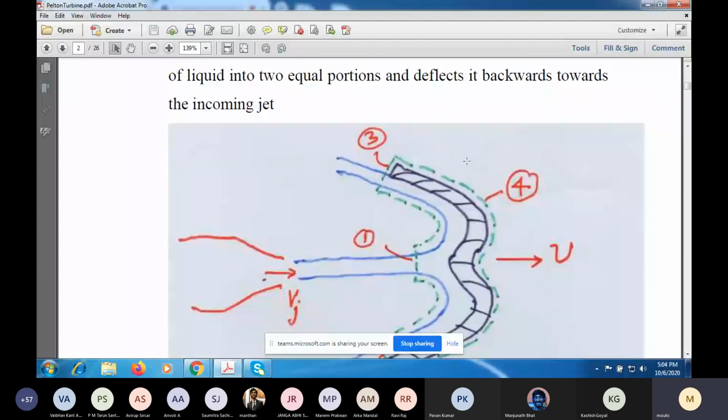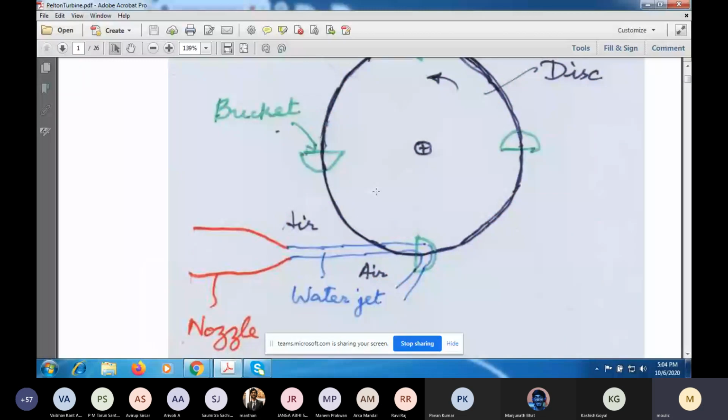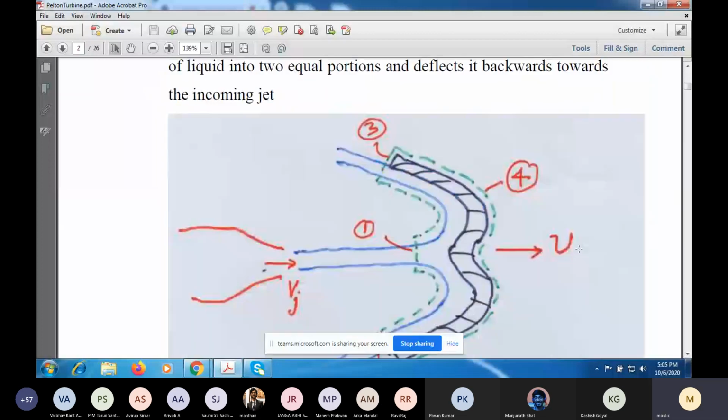And if the radius of the wheel is large, the rotary motion of the buckets is almost equivalent to a translatory motion with a velocity in this direction, and speed which is the radius of the wheel multiplied by the angular speed.